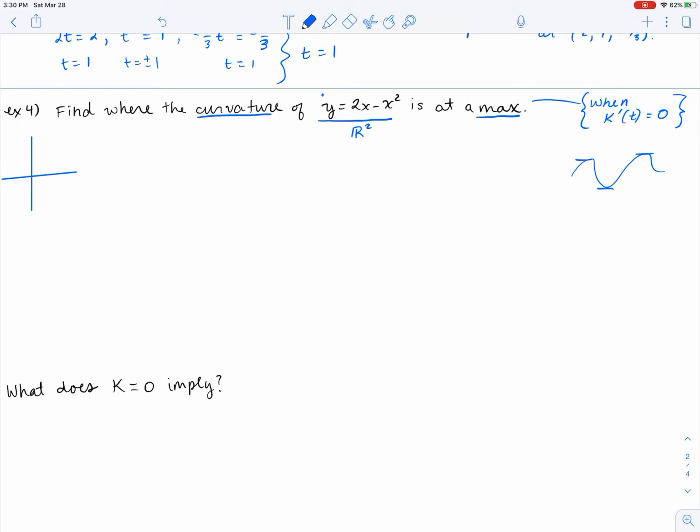Let me see. So our y equals 2x minus x squared. I'll graph it later, on GeoGebra in a second.